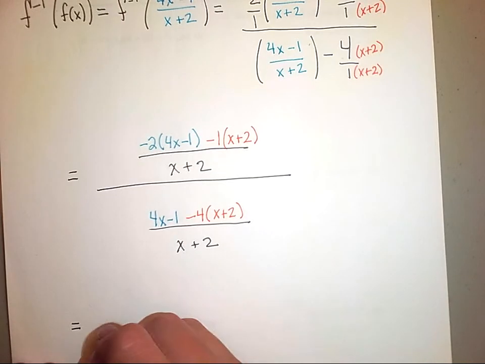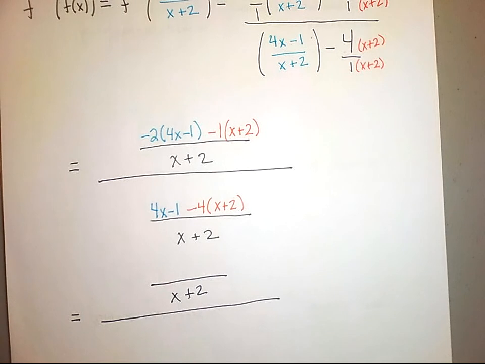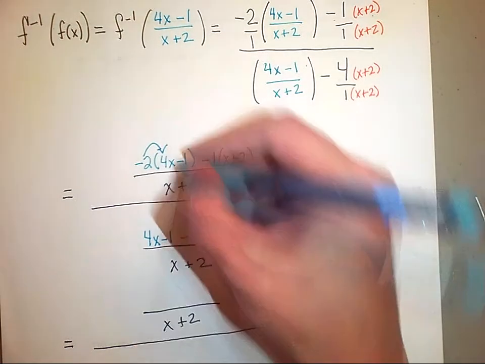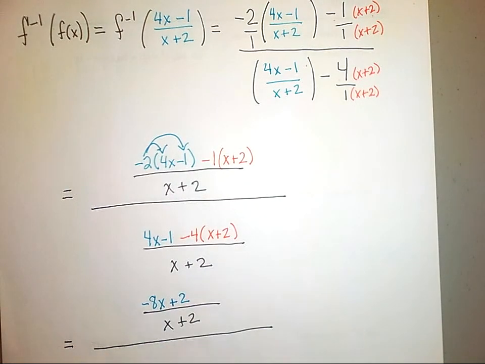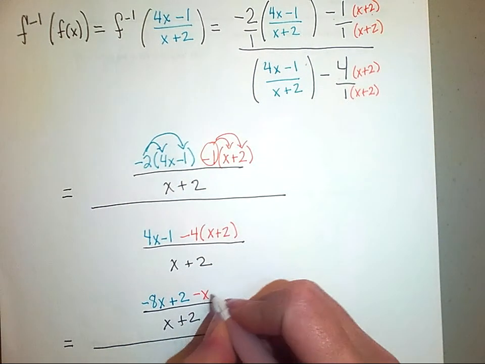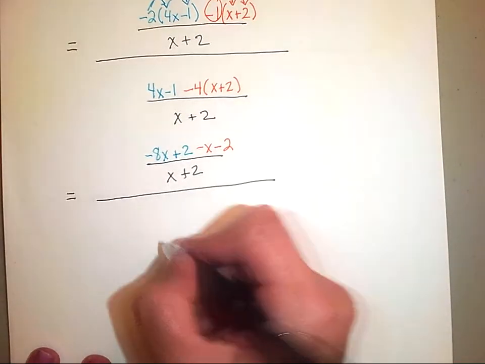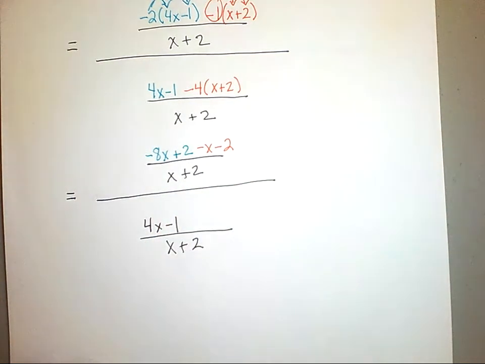Okay. Now let's do some distributing. Now up top here we have negative 2 times positive 4 is negative 8x plus 2. And from here we have to distribute the negative 1 to get minus x minus 2. Then down below, well, the 4x minus 1 just stays.